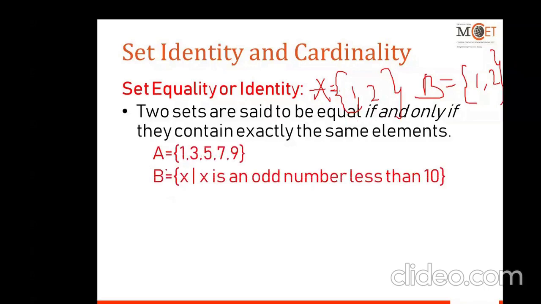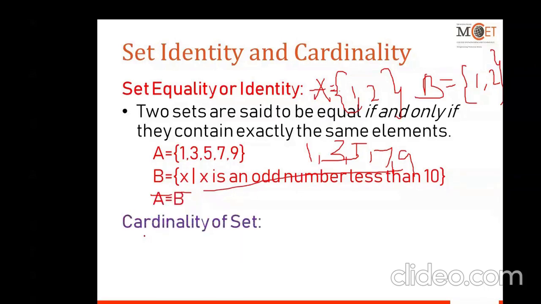Consider this example. A has 5 elements, that is 1, 3, 5, 7, 9, whereas B has a condition on x: x is an odd number less than 10, right? What are the odd numbers less than 10? 1, 3, 5, 7 and 9, right? Therefore A and B are equal.